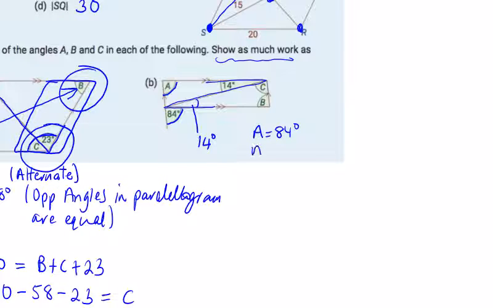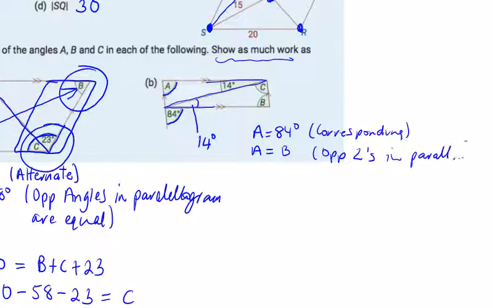And we can also say that A is equal to B. I'll put in corresponding angle. A is equal to B. And I'm just going to use the symbol for angles in a parallelogram. So we now have the 14 and we have B, so we can get C using the triangle rule. Here's my triangle.